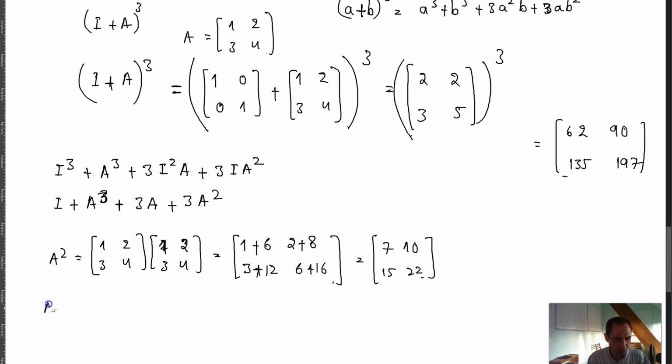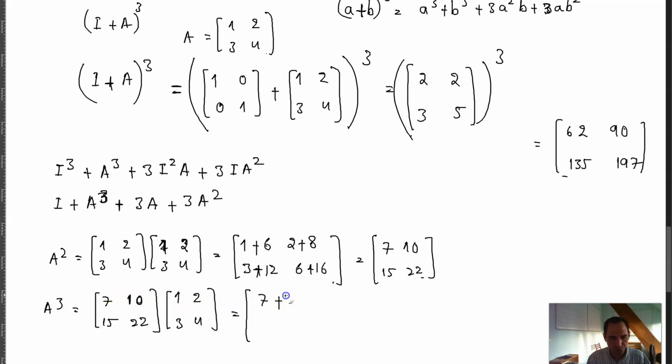Now A cubed is going to be equal to A squared times A, which is basically [7, 10; 15, 22] times A, which is equal to [1, 2; 3, 4], which is equal to 7 plus 30.